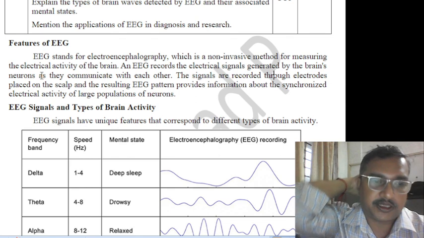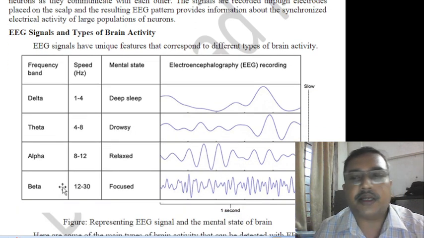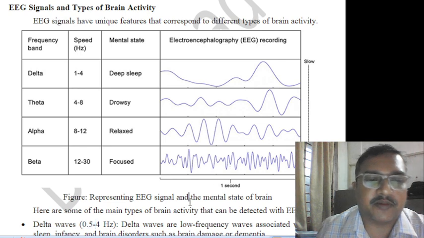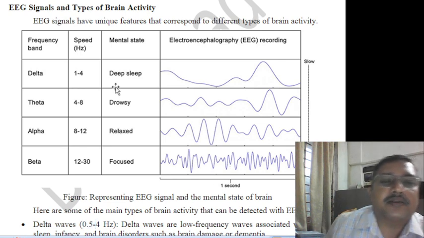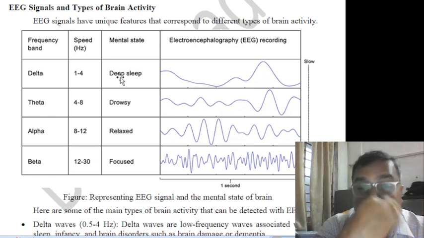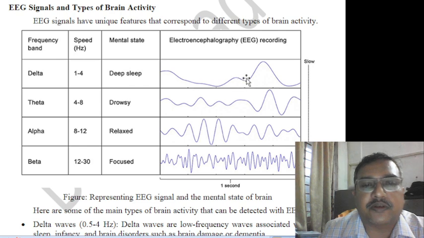Based on their frequency, those signals have been named delta, theta, alpha, and beta. It says 0.5 to 4 here, 1 to 4 is mentioned in the table, my mistake. If our brain state is in deep sleep, then the EEG recording will show long waves.